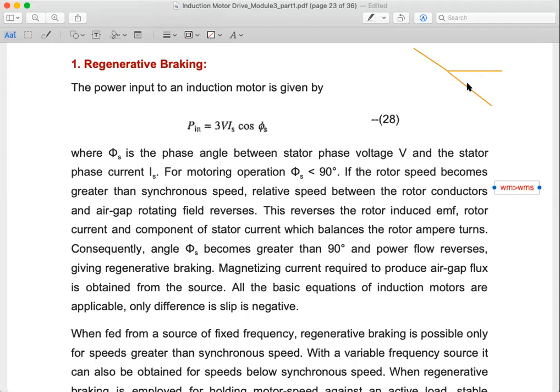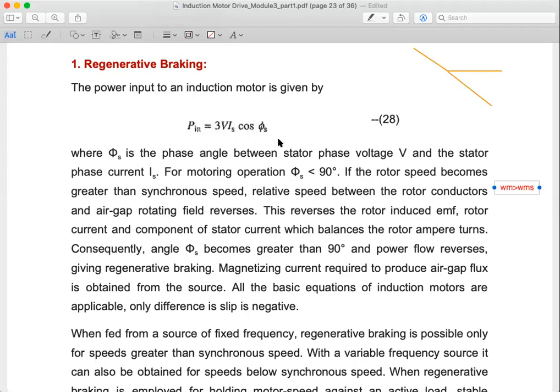Now, due to the speed being more than the synchronous speed, the current has reversed. So this is Is, now this is Is. If this angle is less than 90 degrees, this angle is of course more than 90 degrees. So when the angle is more than 90 degrees, I will get negative power. So that will give us operation in generator mode.